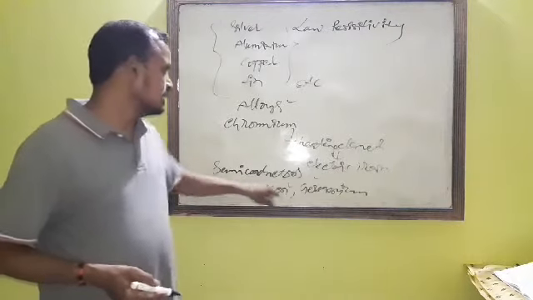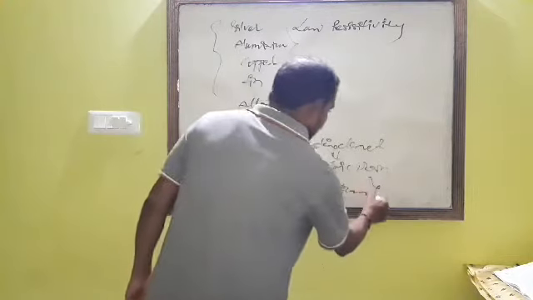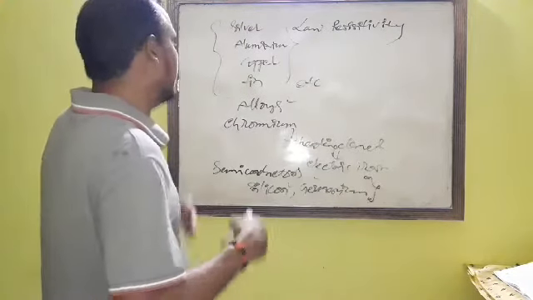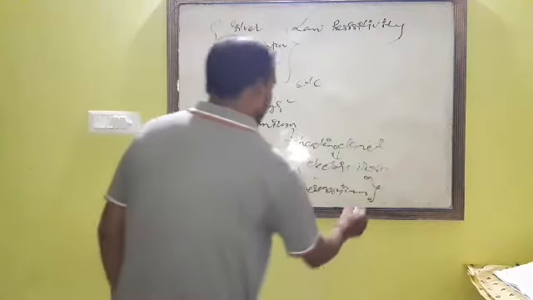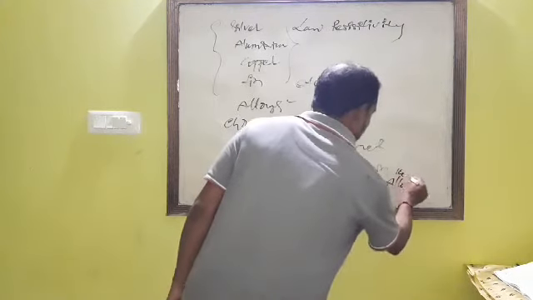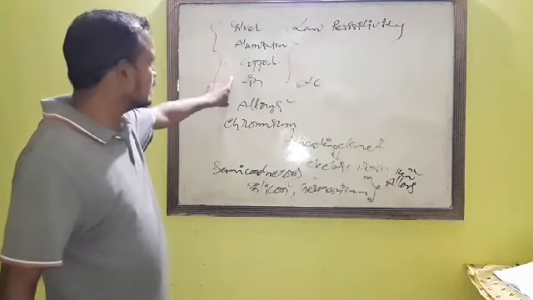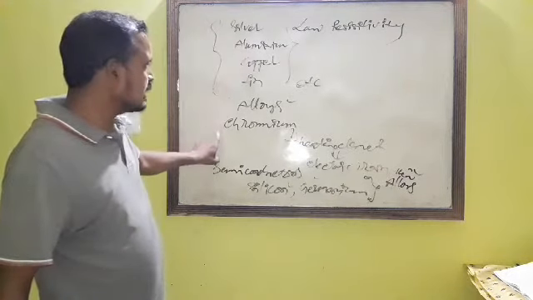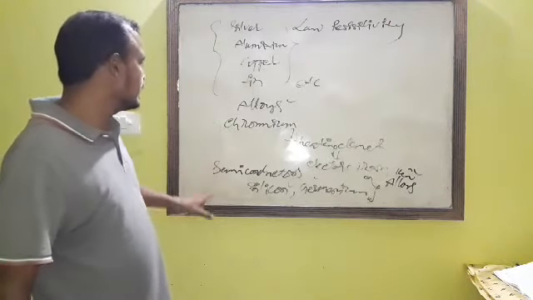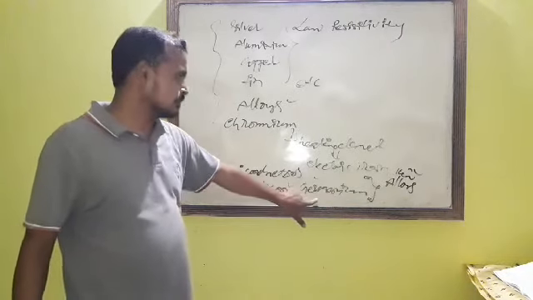These semiconductors have comparatively higher resistivity than alloys. So good conductors have low resistivity, alloys have a little higher resistivity, and the resistivity increases in semiconductors, that is in silicon and germanium.